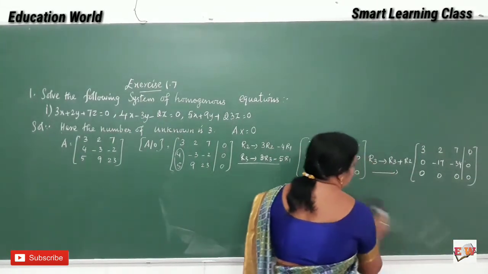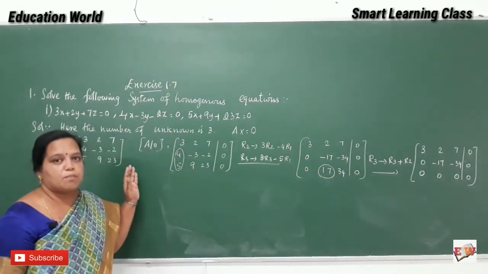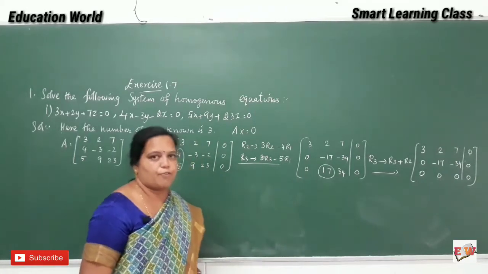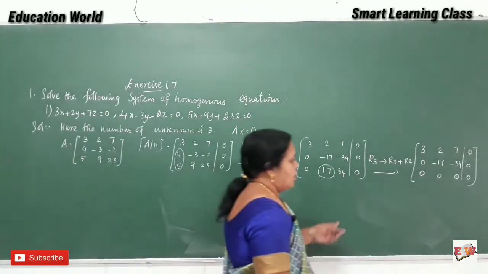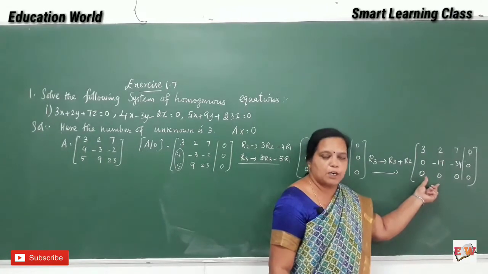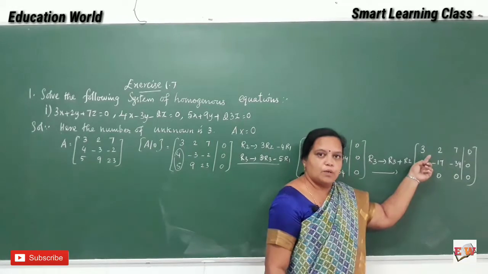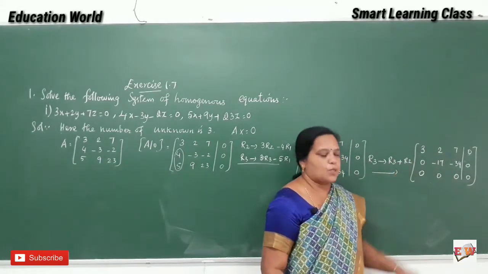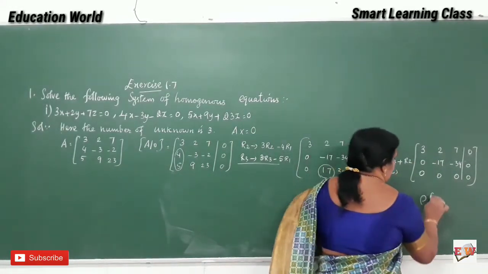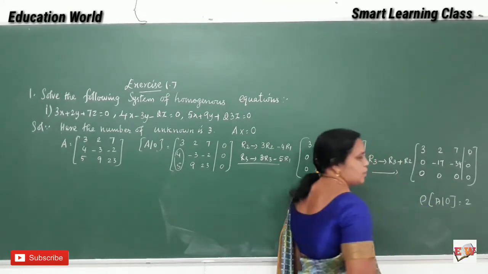So we brought the augmented matrix into row echelon form. In this row echelon form, the last bottom row is a zero row. The remaining 2 rows are non-zero rows. So the rank of this augmented matrix is 2.